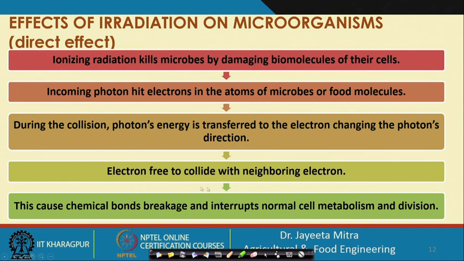Most of the organic bonds get affected by this, which interrupts normal cell metabolism and cell division. So, directly the cell division is affected and indirectly the free radicals cause destruction of the cell wall. These two combined define the total effect of irradiation on the microbes.